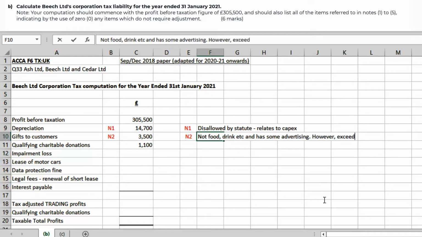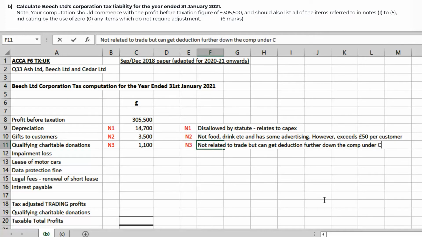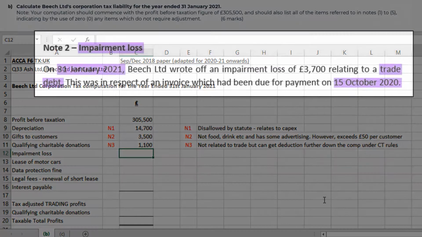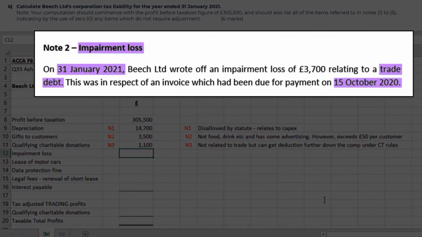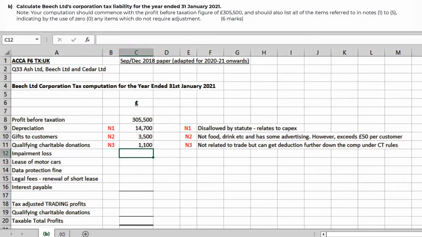However, exceeds £50 per customer, therefore the full amount is added back. Qualifying charitable donations, not related to trade, but can get deduction further down the comp under CT rules, provided that there is profit available. Impairment loss, we said the 3,700 relates to a trade debt, so we do not need to add anything back. Just put a note there saying relates to trade.